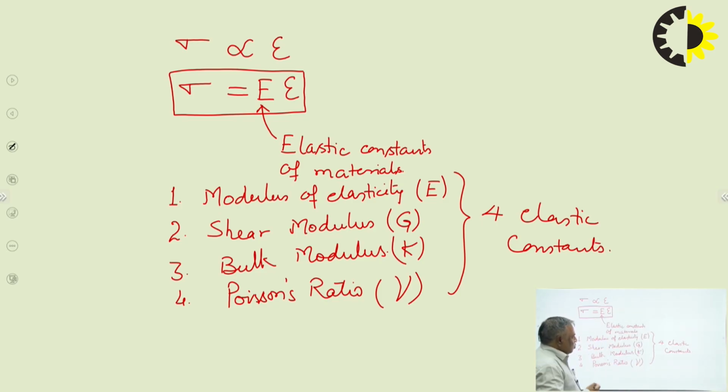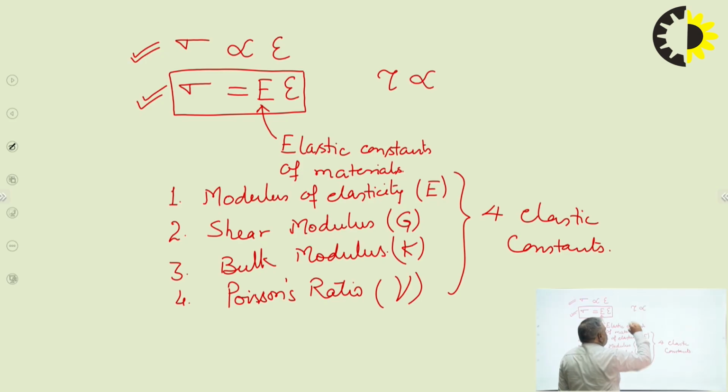If you want to define these elastic constants, we will use Hooke's law. If we use the shear stress tau, according to Hooke's law the shear stress is directly proportional to the shear strain, so tau is equal to G phi.